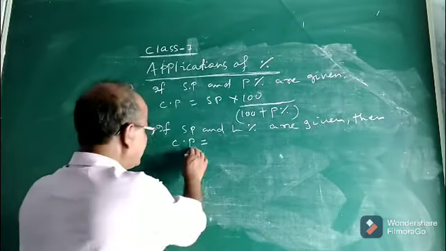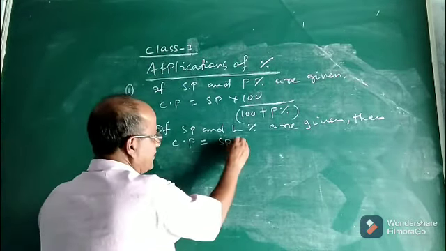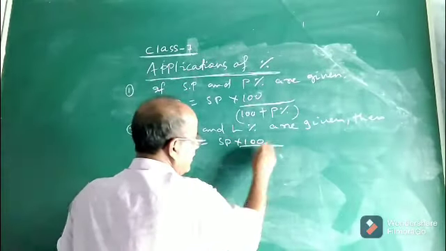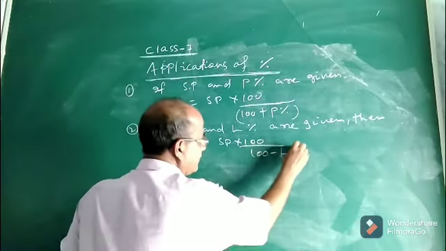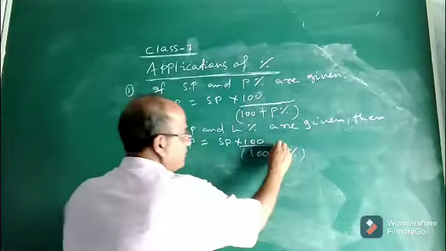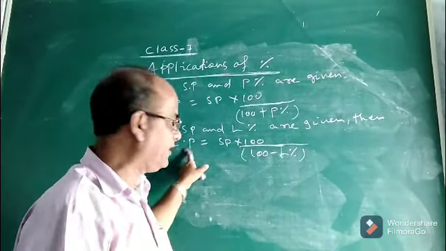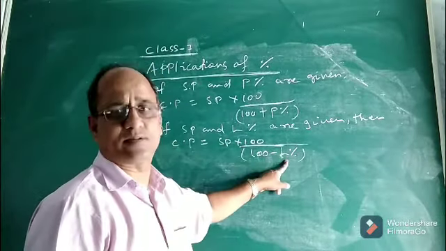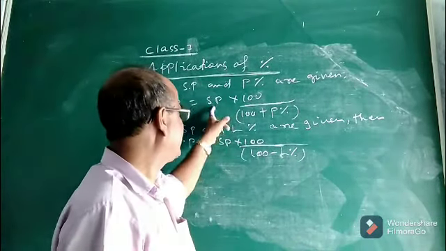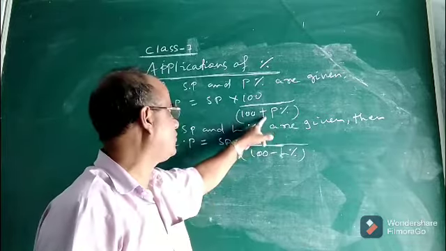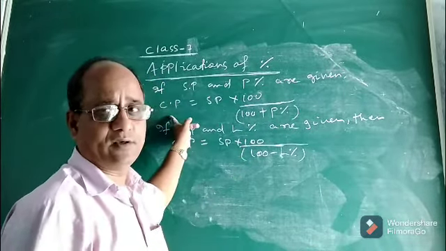So what will be the formula? CP equal to SP into 100 by 100 minus loss percent. Very simple. You will use this formula to compute the cost price of the article when selling price and loss percent are given. But when selling price and profit percent are given, you have to use the earlier formula to compute the cost price.